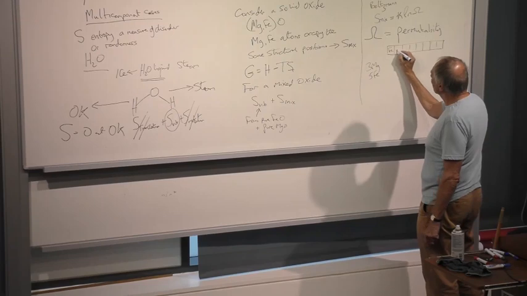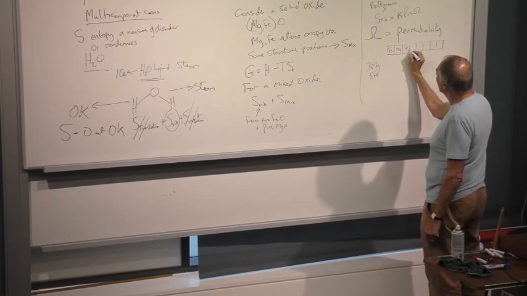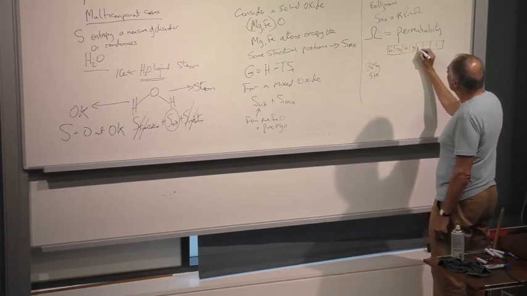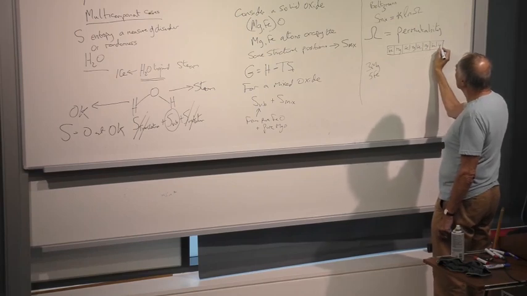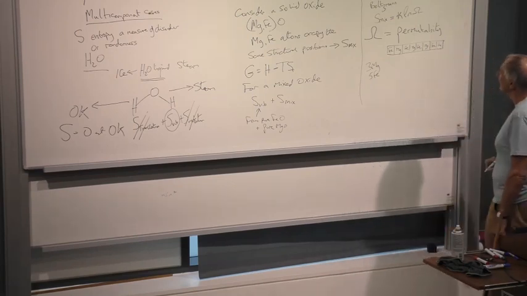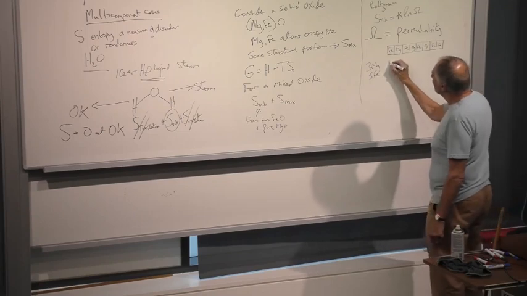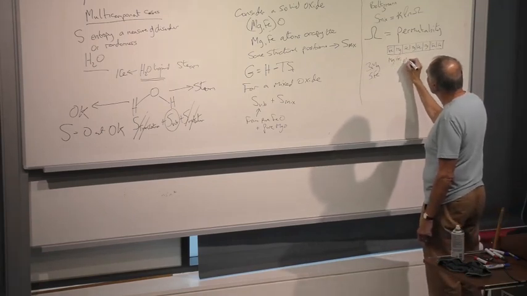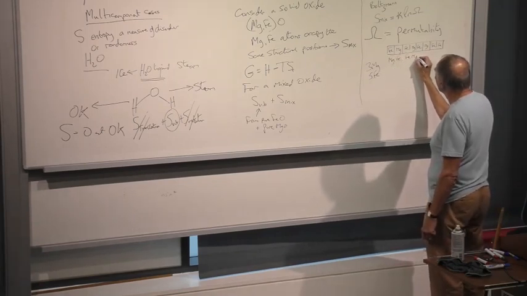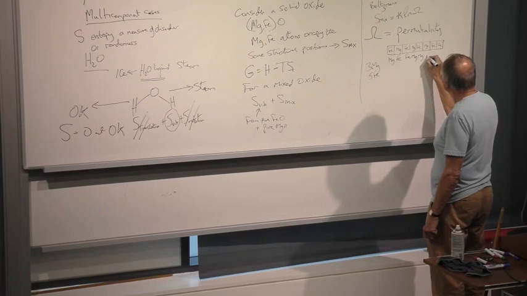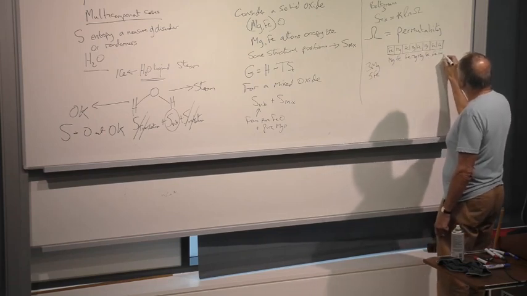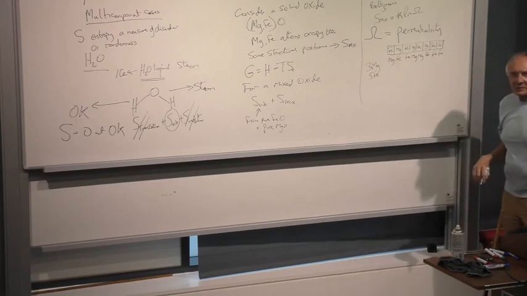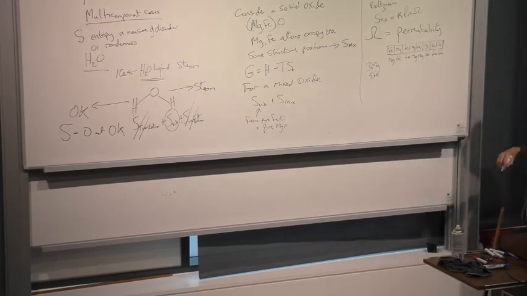We could put them in as Fe Mg, Fe Mg, Fe Mg, Fe, that would be one way. Or Mg, Fe, and so on. And we could write them all out if we really wanted to.